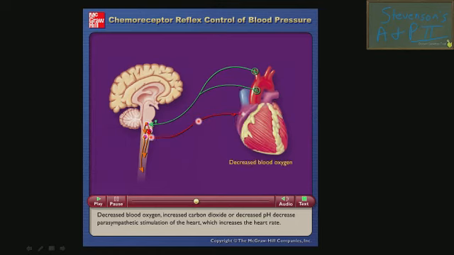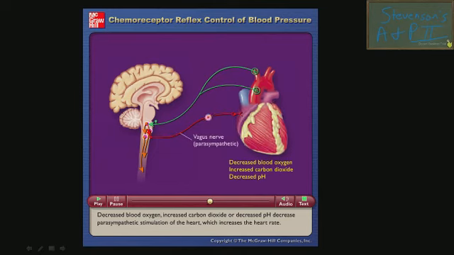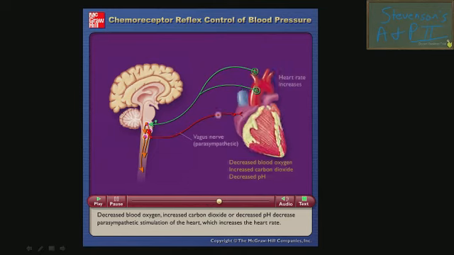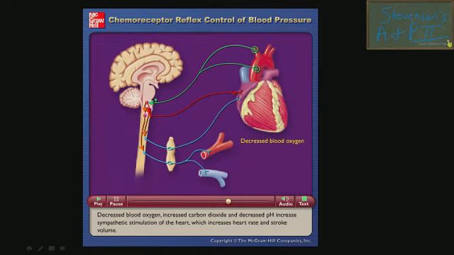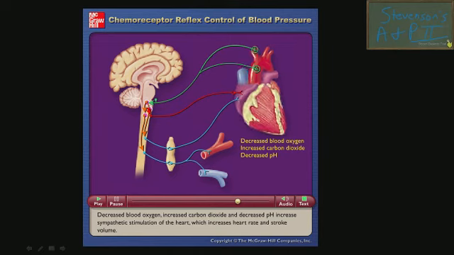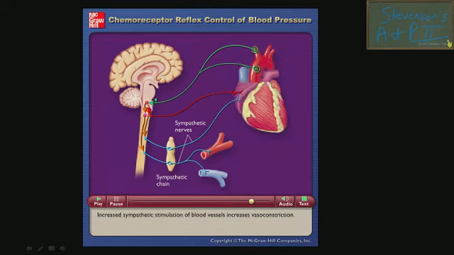Decreased blood oxygen, increased carbon dioxide, or decreased pH decrease parasympathetic stimulation of the heart, which increases the heart rate, and increase sympathetic stimulation of the heart, which increases heart rate and stroke volume. Increased sympathetic stimulation of blood vessels increases vasoconstriction.